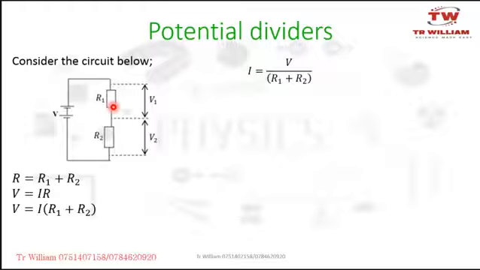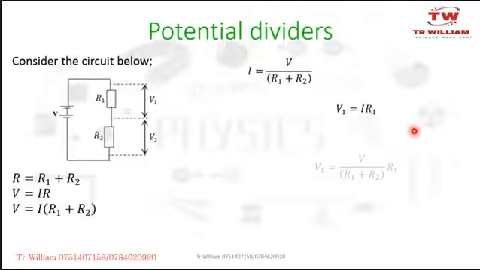That is the current passing through the circuit. The current passing through resistor 1 and the current passing through resistor 2. So if I want to determine the voltage across resistor 1, how will I get it? Still using Ohm's law, voltage across the resistor 1 will be current passing through that resistor times the resistance, which will be V1 is equal to I times R1. But we already know what the current is. Current is given by this input voltage divided by the total resistance in the circuit. So if I substitute it in here where there is I, I put there its expression.